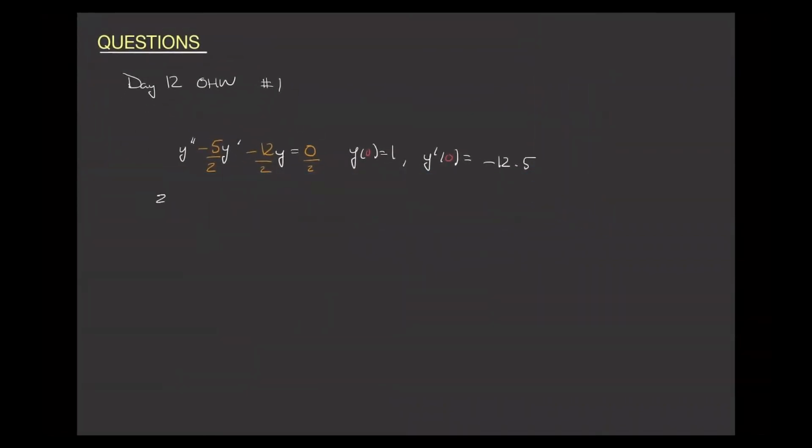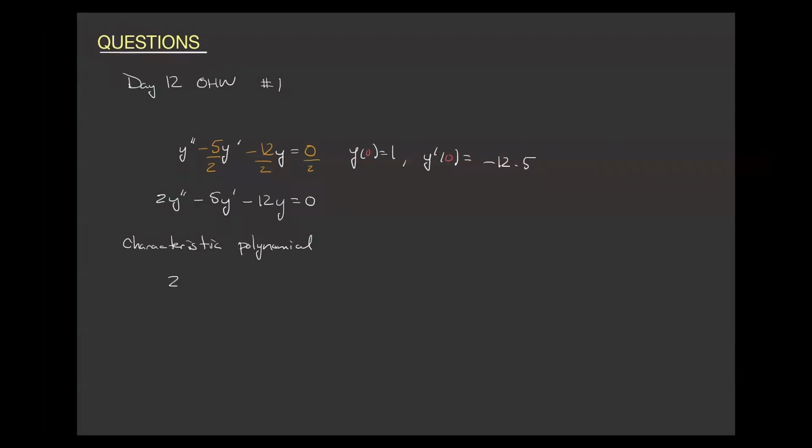I'm actually even going to rewrite it. Either way will work. And if we look at the characteristic polynomial and then try to factor, we'll be able to find what the roots are, and then that'll tell us what the solution looks like.